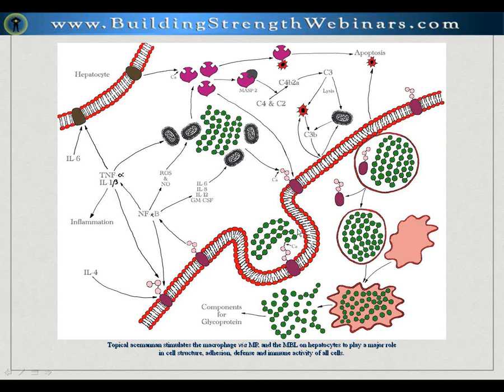Okay. In this particular slide, we're looking at the involvement of mannose-binding lectin and its role on hepatocytes and cell structure, adhesion, defense, and immune activity of all cells.